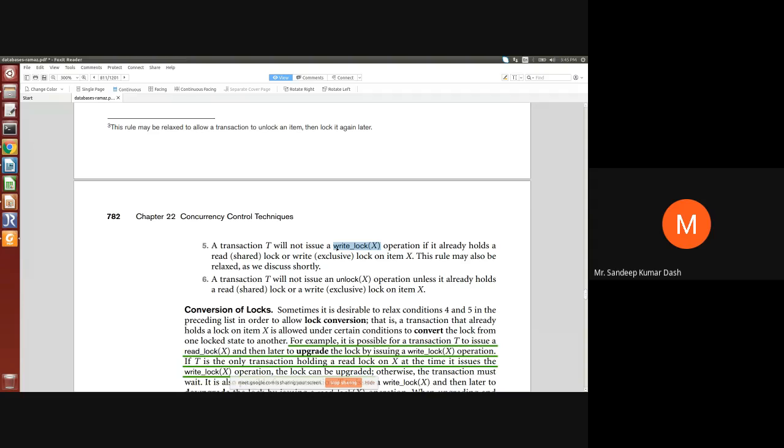Finally, a transaction T will not issue an unlock operation unless it already holds a read or write lock.